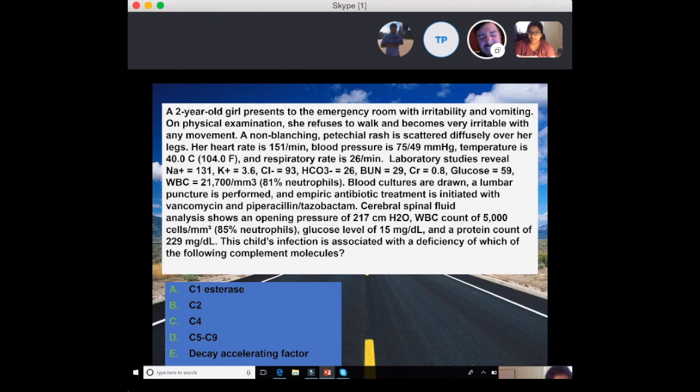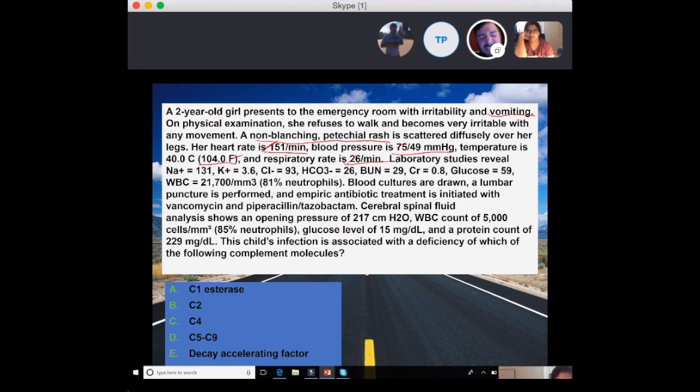So, we've got vomiting, we've got a non-blanching petechial rash, we've got a patient with increased respirations, hypotension, tachycardia, fever. So what is this kid in? Fever, hypotension, tachycardia, tachypnea. Well, we don't know that it's DIC because we don't know the platelets.